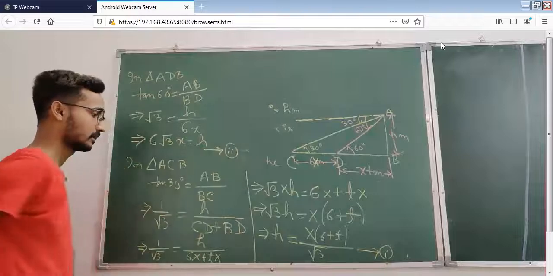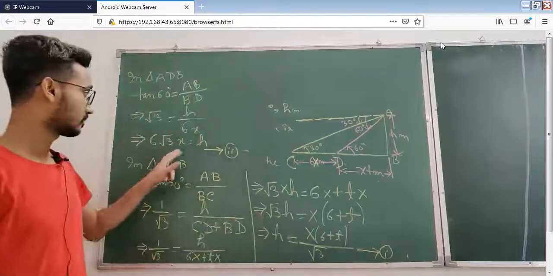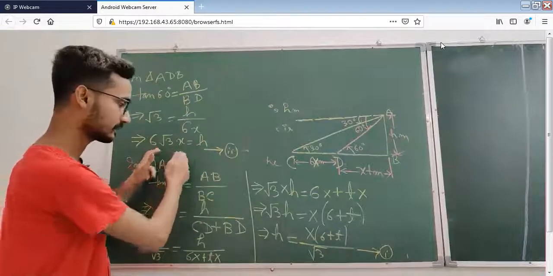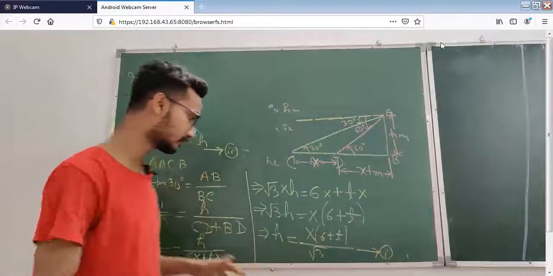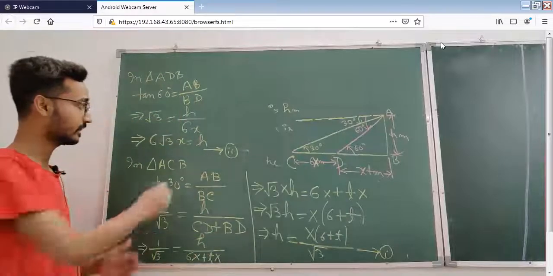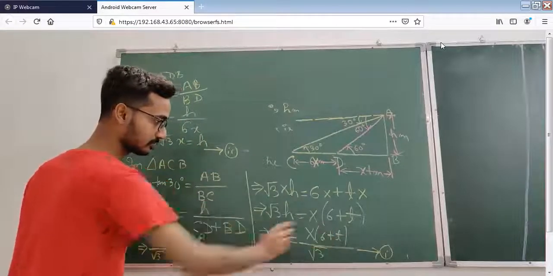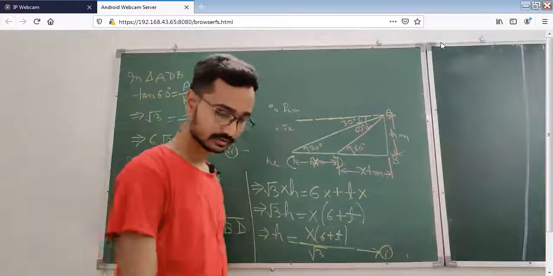Now see, if you see number 1 and number 2, on one side h and h is there, and on the other sides 6 root 3 x, and x into 6 plus t by root 3. That means from 1 and 2 we can conclude these things.